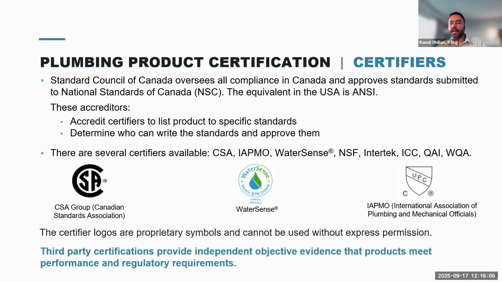CSA, WaterSense, and IAPMO can do random testing and request product at any time to continue using that logo. So in many cases, for example, CSA and UL and other authorities will have random visits to facilities to watch the manufacturing process. They'll take samples and they'll run their own testing to ensure that they still meet the requirements and have the same results that they had at the time of listing. Interesting. Perfect. Thanks. No problem.